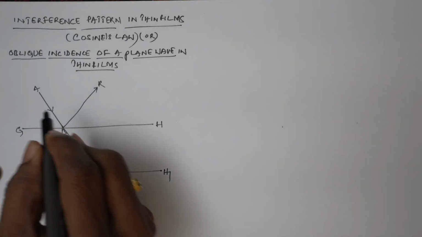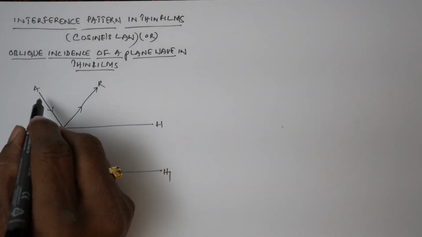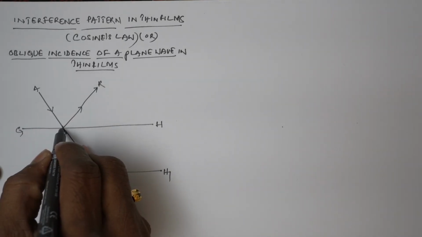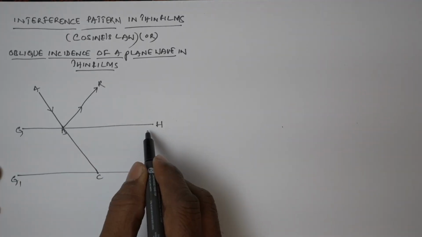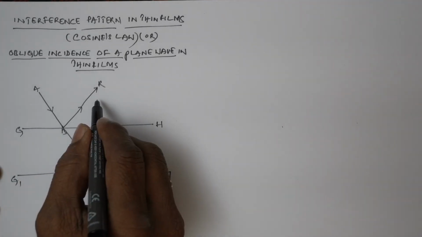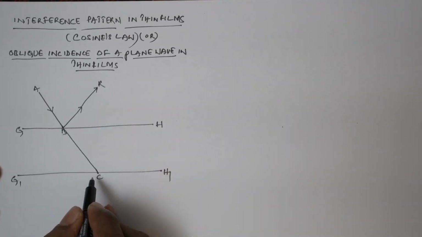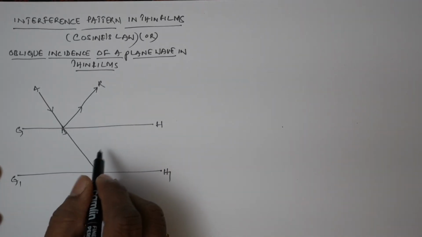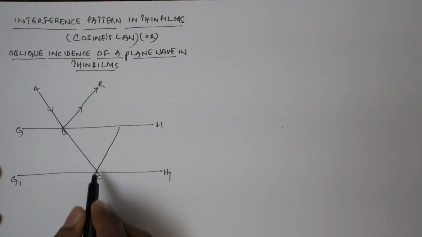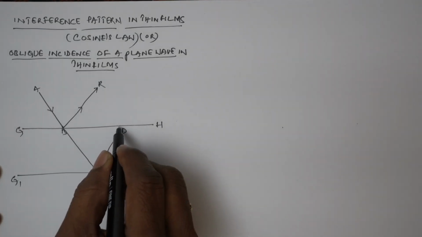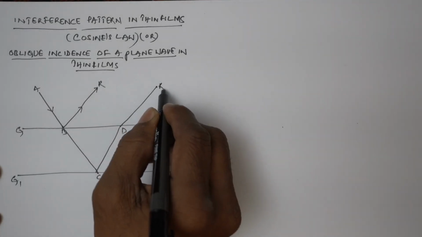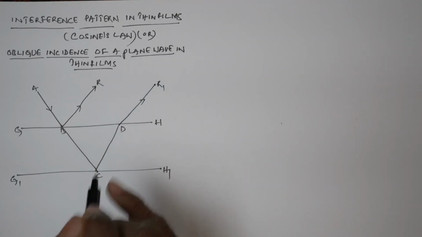This is the first condition here. After getting one internal reflection at a point C, we get a ray CD, and finally the ray DR1 emerges out in air.